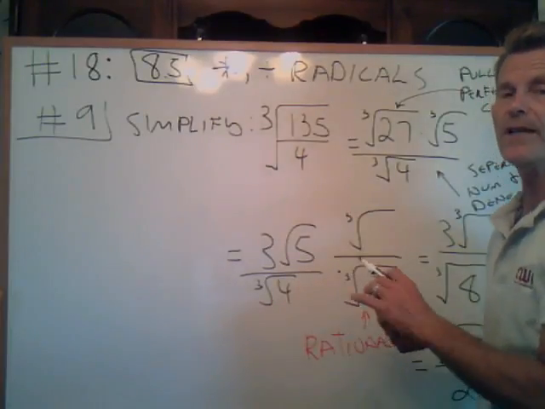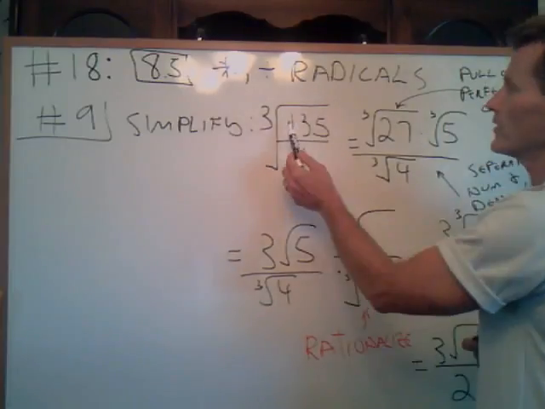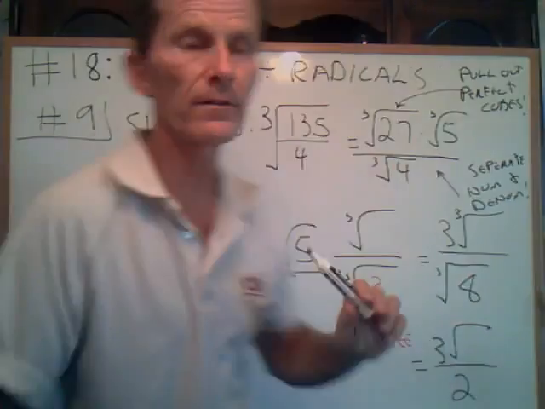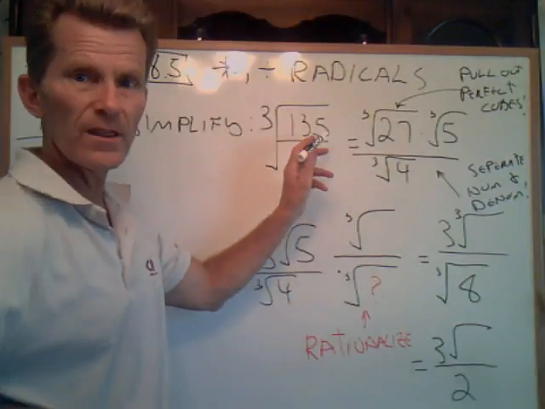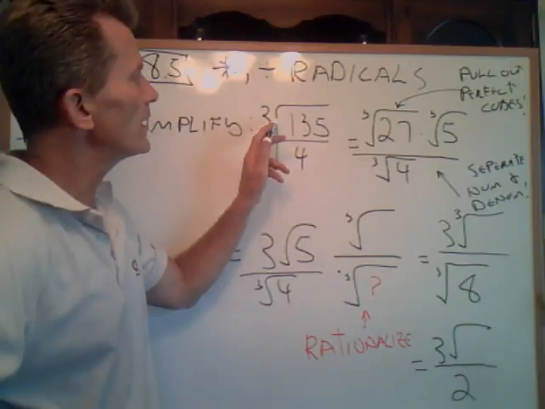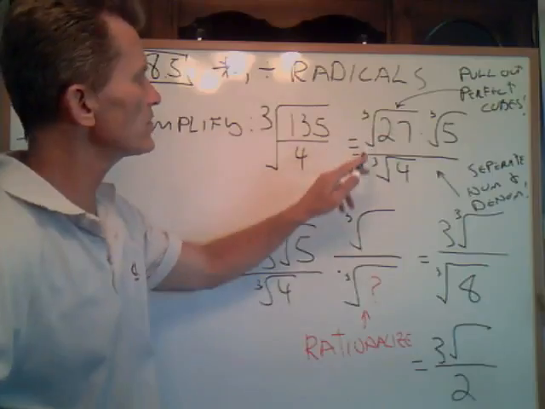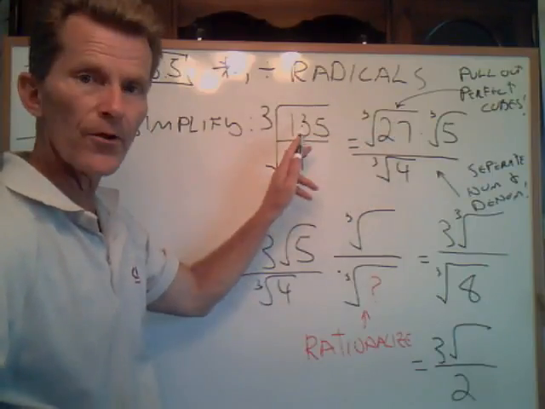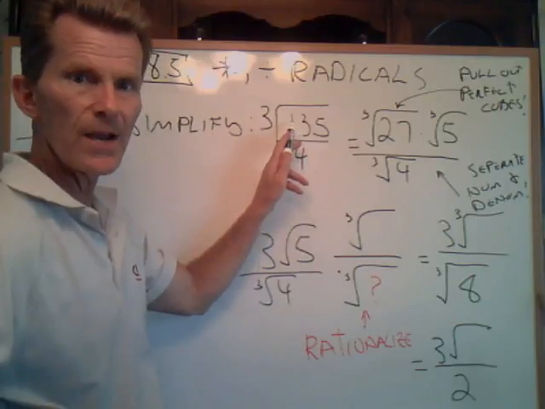Now the next challenging part is you look at 135, and this is where you use that chapter 8 table I was talking about. Look on the table under the number 3: the cube root of 27 is 3, and you would see 27 times 5 is 135. That's how you use that table to break things apart.